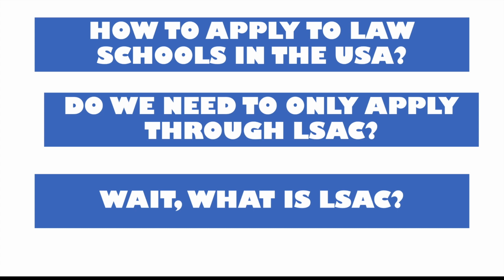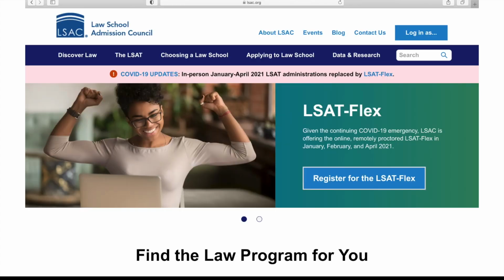So let's start with what the Law School Admission Council is. Its homepage, or first page, looks somewhat like this, currently as of January 2021. As you can see, this is the main page.